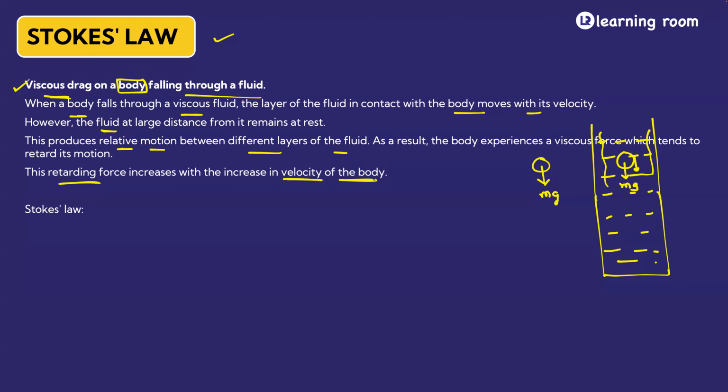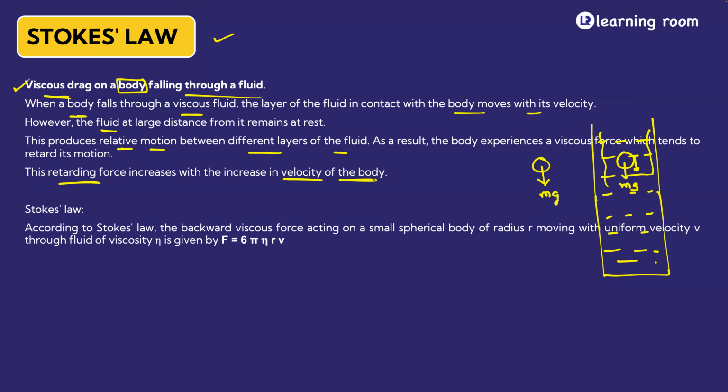Now, is it not important for us to find out what that value is going to be? Right? So according to Stokes' law, generally the concept at the top is an object coming in contact with the liquid. They never spoke about the shape of it.